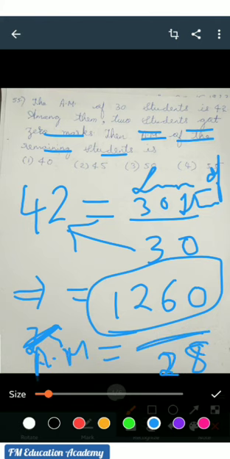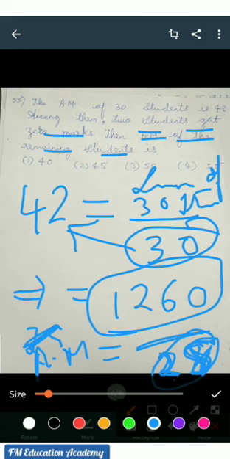Why am I writing 28 in the denominator? Because it is equal to the total number of outcomes, which has become 28 from 30 because 2 students are subtracted. And what is the sum of 30 students? We got 1260. Also the sum of 28 students is 1260. Why? Because 2 students are getting 0 marks, and 0 plus 1260 is 1260 only.